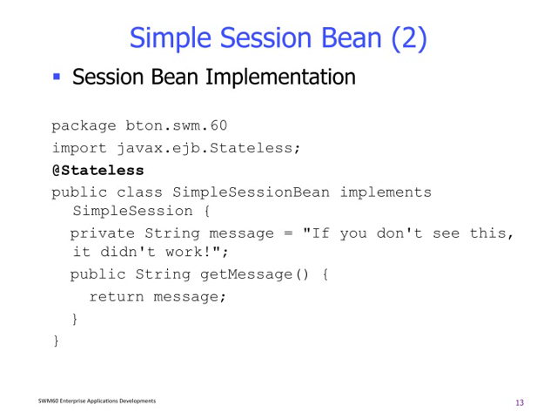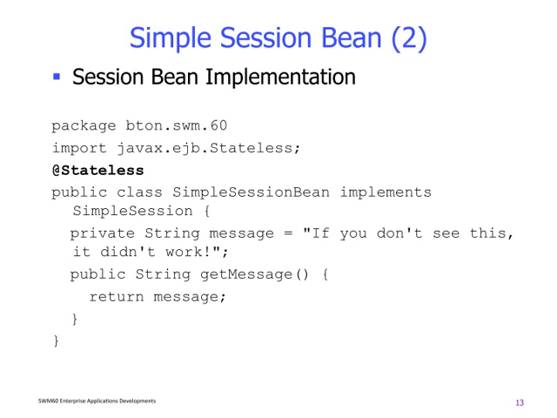In this case, we implement a stateless session bean, import the stateless libraries, and specify with an annotation that this is a stateless bean. Call it SimpleSessionBean, and it has to implement the interface that we specified.